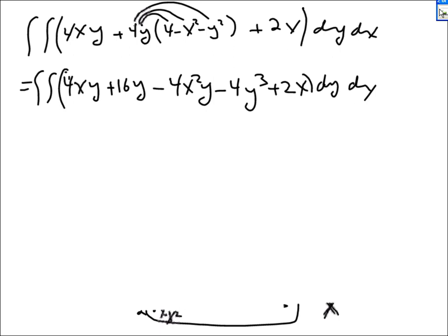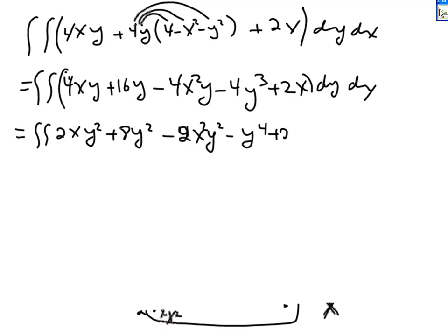We integrate with respect to y, and we get 2xy squared plus 8y squared minus 2x squared y squared minus y to the 4th plus 2xy. And since we integrated, the dy shouldn't be there anymore.